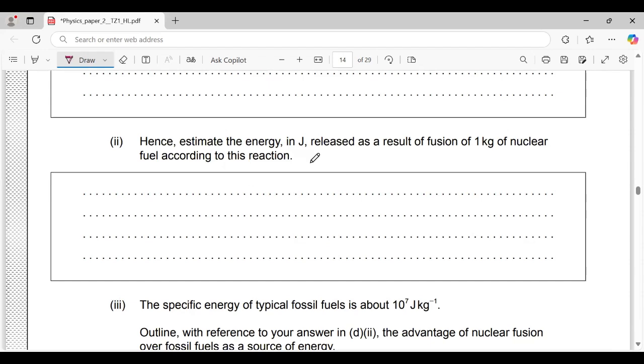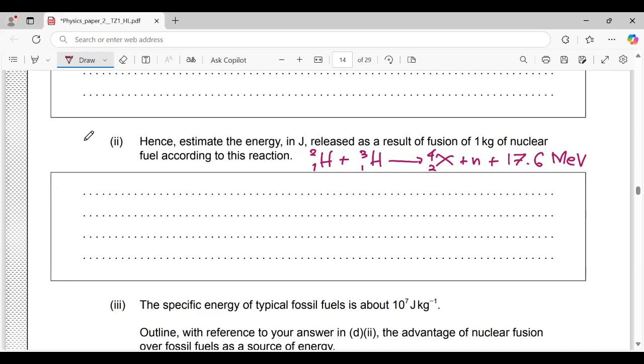It means the reaction becomes He-4 plus n plus 17.6 million electron volts.